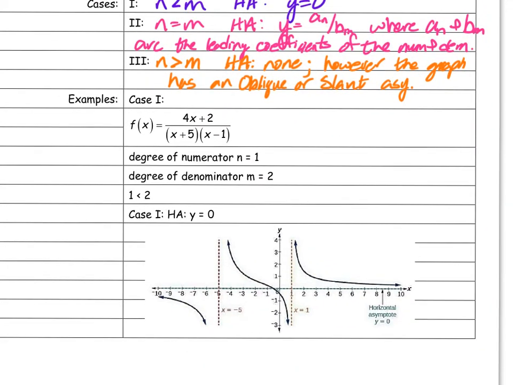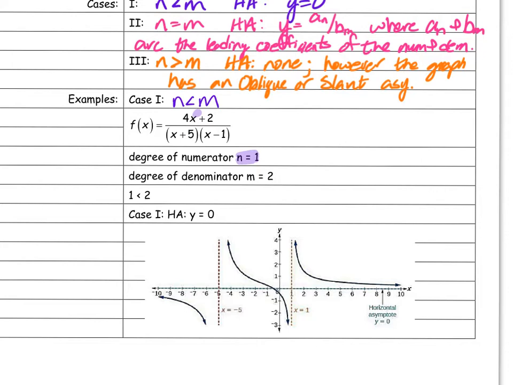Case 1 is where n is less than m. So I'm looking at the degree. The degree of my numerator is right here. I have x. X is my only variable, and it doesn't have a power, so that means it's degree 1.